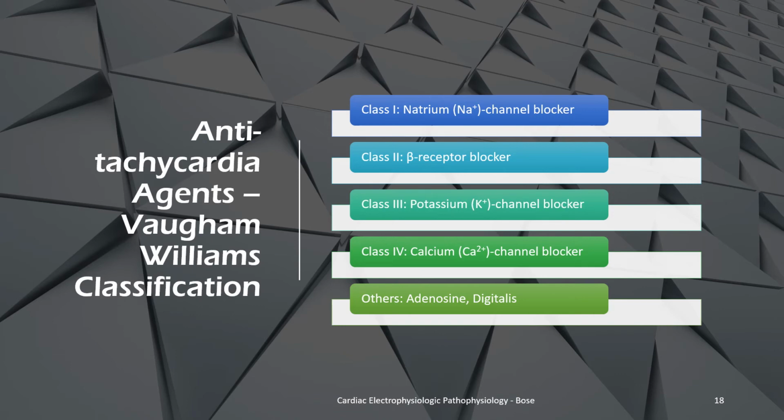Anti-tachycardia agents are classified under the Vaughan-Williams classification that goes from class 1, class 2, class 3, class 4, and other categories. Class 1 drugs are sodium channel blockers. Class 2 drugs are beta blockers. Class 3 drugs are potassium channel blockers. And class 4 are calcium channel blockers. You have or will review these drug categories under other conditions in cardiopulmonary rehab.